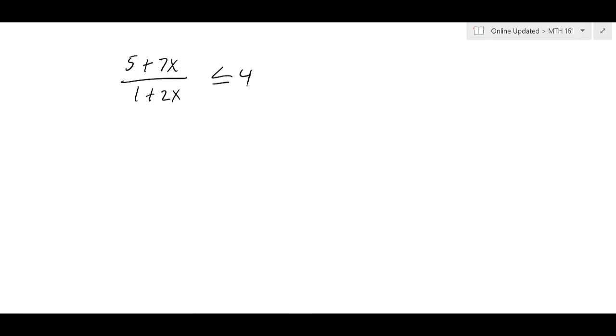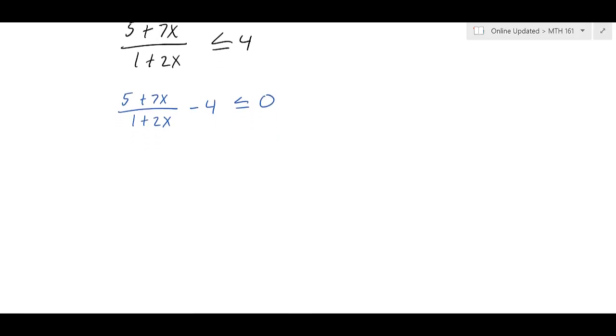Now, to start off, we're going to have to make sure that we set the inequality to 0. So that means we need to move the 4 over. So we would have (5 plus 7x) over (1 plus 2x) minus 4 is less than or equal to 0.